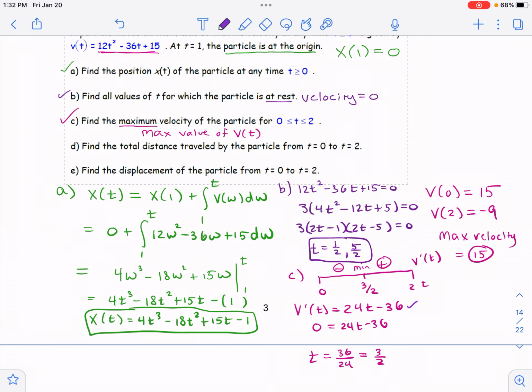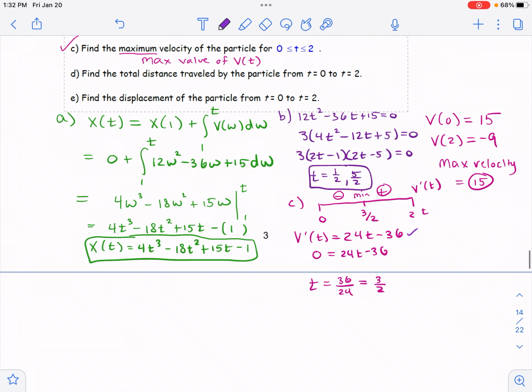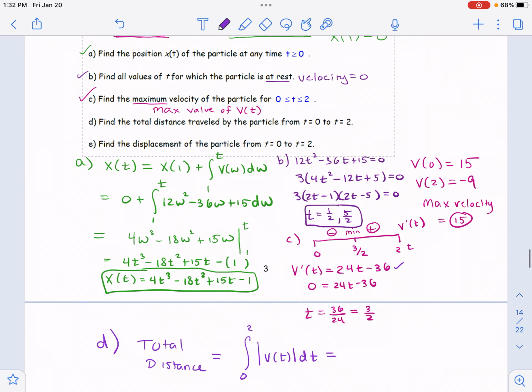Okay, how about the next question? Find the total distance traveled by the particle from time 0 to 2. So the total distance traveled is just the integral from 0 to 2 of the absolute value of my velocity function. Let's be lazy and use technology for this.